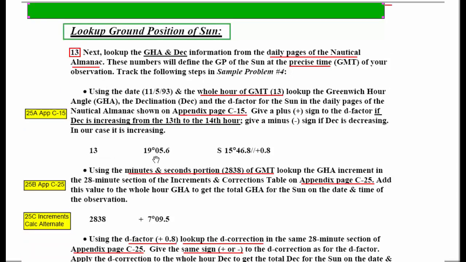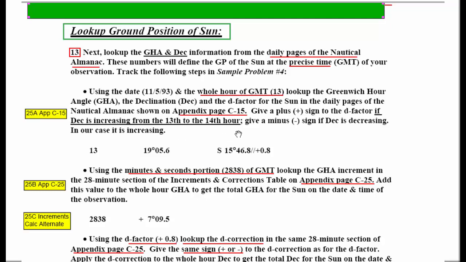So looking at this, using the date November 5th, 93, and the whole hour of GMT, which is 13 hours, look up the Greenwich hour angle, GHA, and the declination, DEC, and the D factor, little d factor, for the sun in the daily pages of the Nautical Almanac, as shown on page C15.